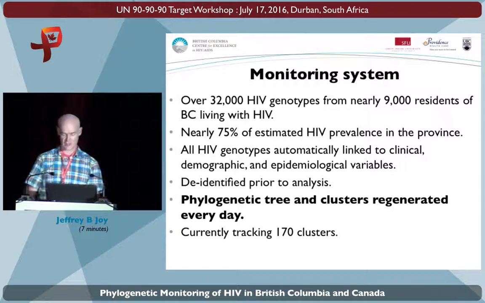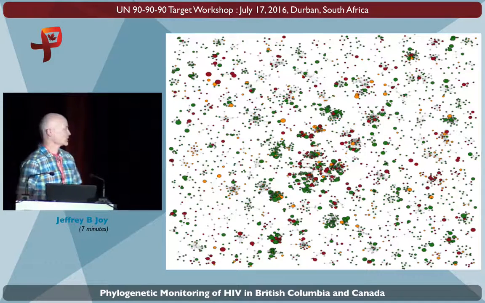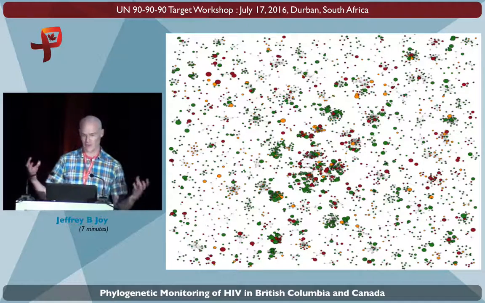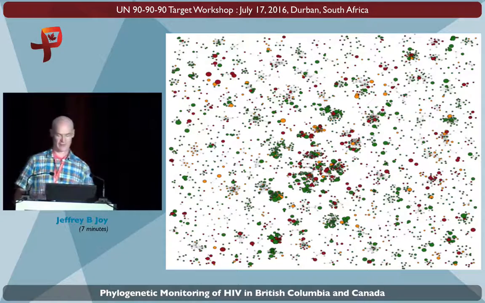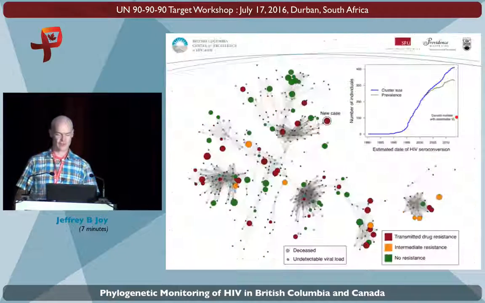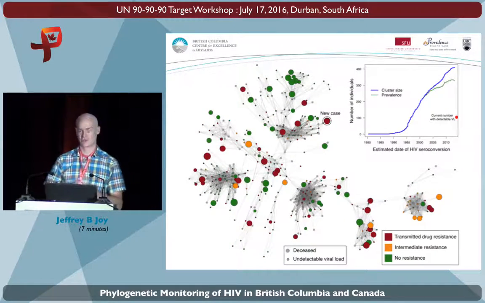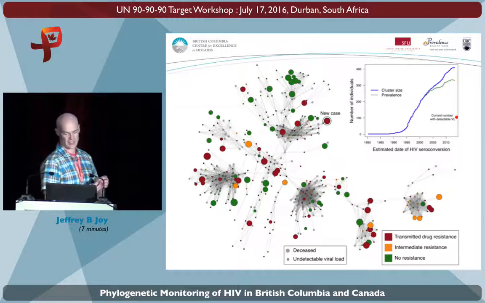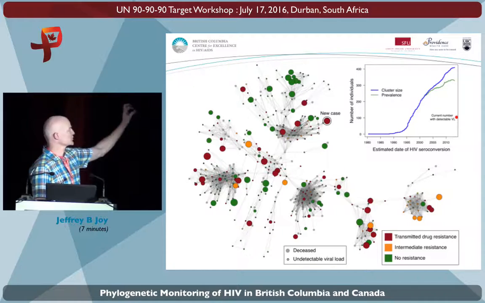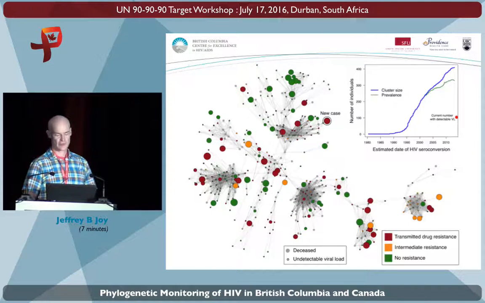So what does that look like? Well, some people tell me that looks like vomit on a page. It's really hard to actually extract any information from that in itself. So what we do is we build these reports which are specific to each cluster. So let's take a second and look at this. The size of those circles represents the viral load.